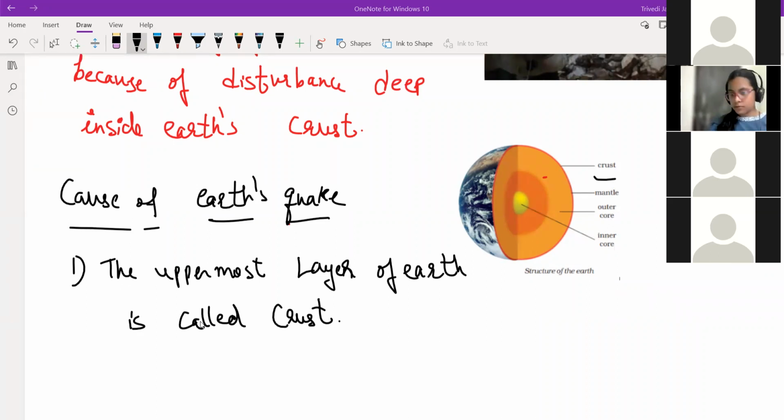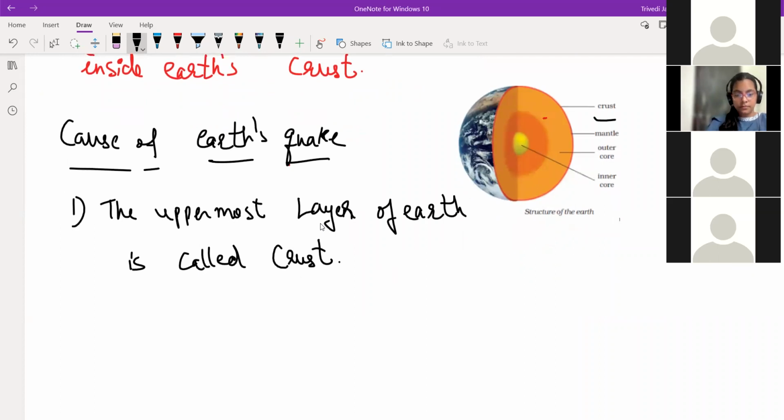Or we can say plates are where we eat our food. Exactly, the plates are what we can walk on. Yeah, correct. So both of you are right.